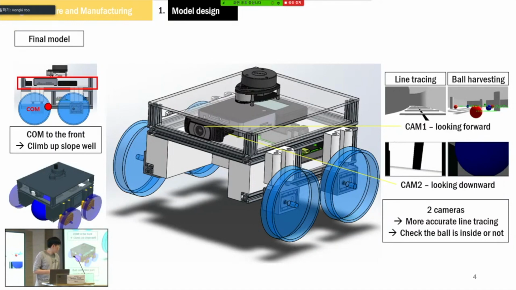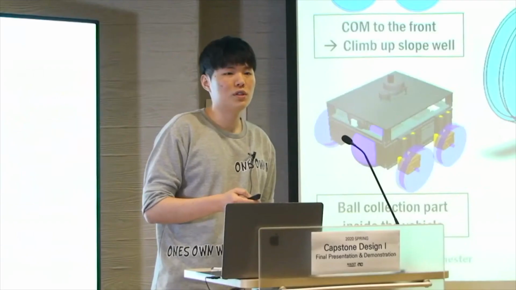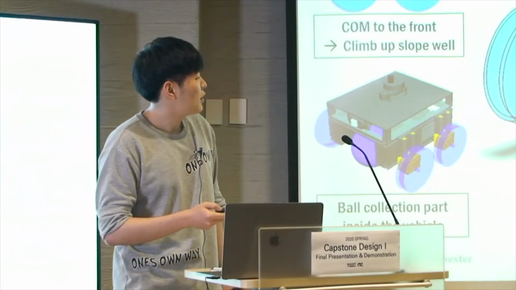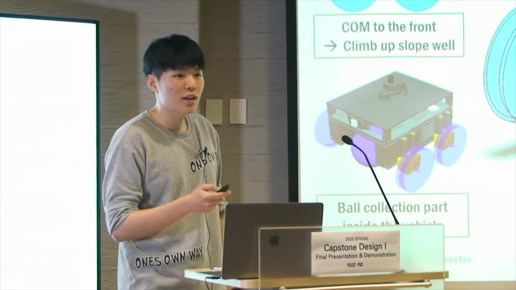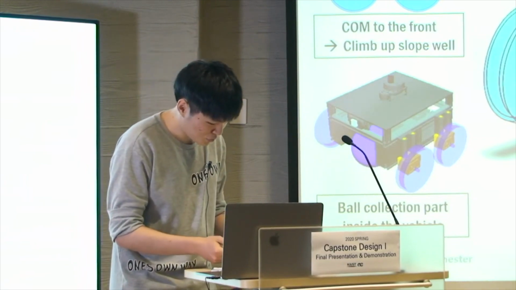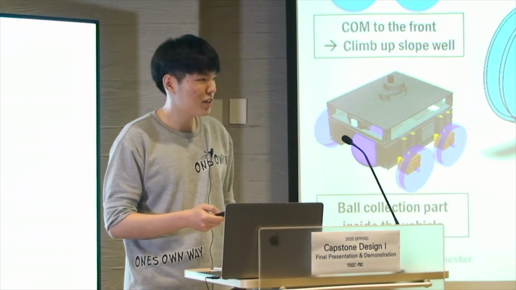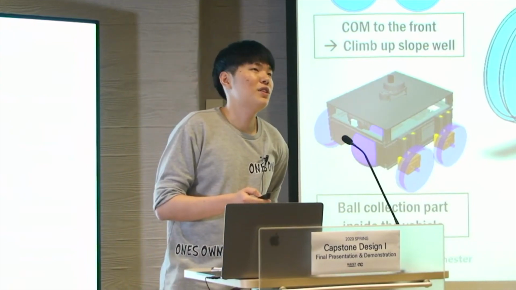This is our final model. The ball collection part is inside the body, so the model is less likely to interfere with obstacles. We also tried a model with 3 wheels and 2 motors. Although it had an advantage of smoother rotation, it can't climb up the slope due to lack of power and the restriction on wheel friction coefficient.